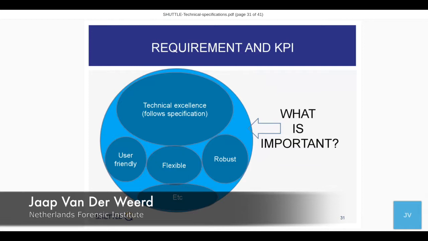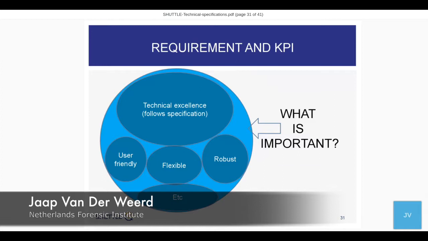And there's one other very important issue, and that's that requirement and specification cannot tell you the whole truth. They're part of the truth. Technical specifications are very important. We tell you, well, we need a system that has these specifications.